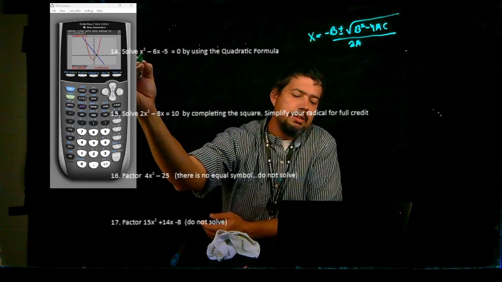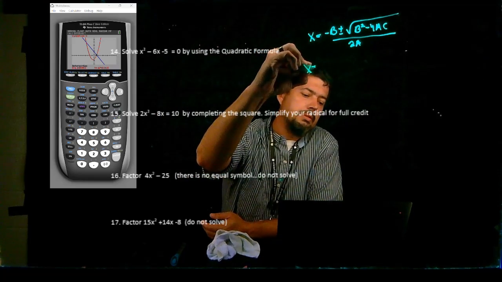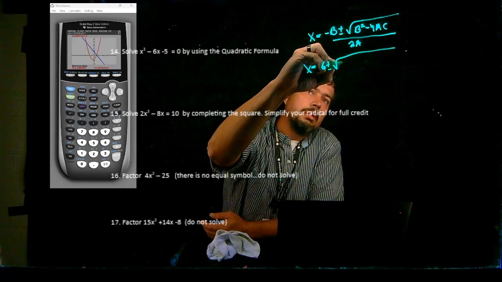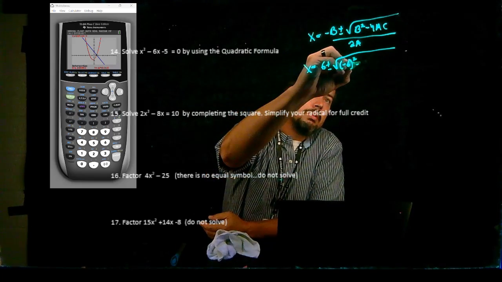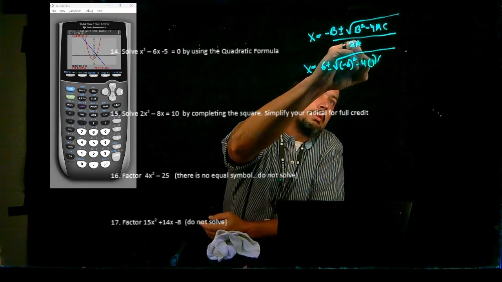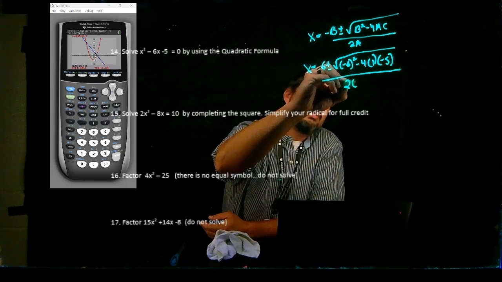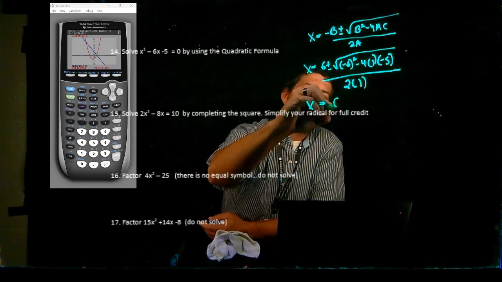Anyways, a is 1, b is negative 6, c is negative 5. X equals negative b, so I'd make that a 6, plus or minus square root. Always wrap it in parentheses. B squared minus 4ac all over 2a. And a was 1. So let's do some math here. We got a 6 plus or minus.